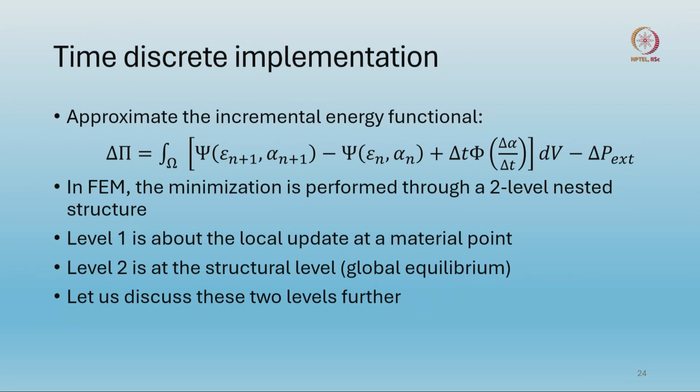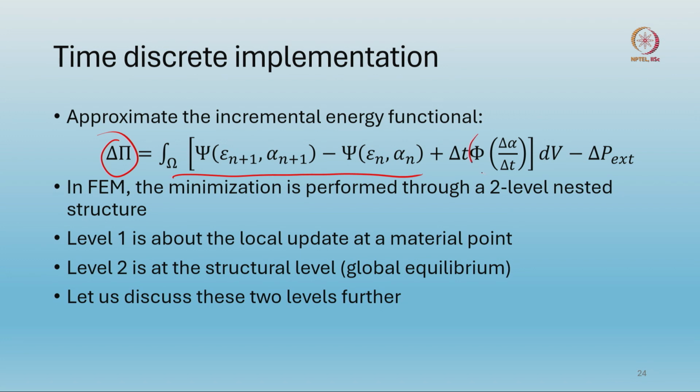But you also observe at the same time that if we exactly do this discretization, that is in time by a standard finite difference, then we can write this pi, which was earlier written in a continuous manner, in terms of this delta pi, the increment over this delta t, the time step, to be equal to psi evaluated at epsilon n plus 1 and alpha n plus 1, minus psi evaluated at the last available time, which is Tn, plus delta t times phi.